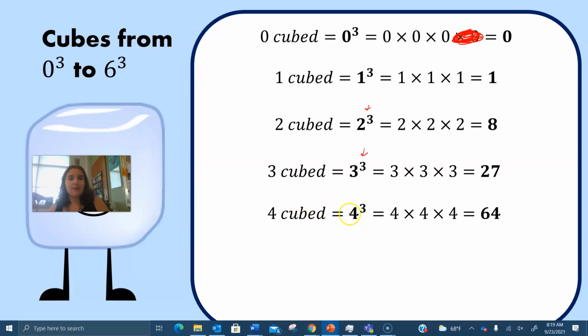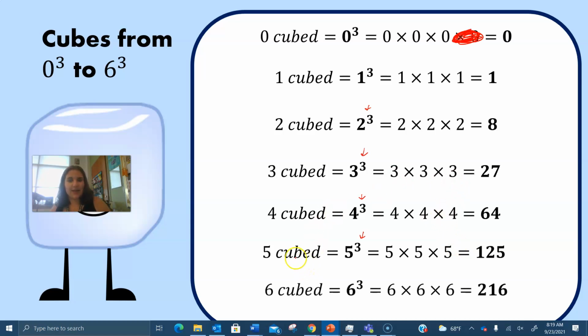4 cubed, 4 with an exponent of 3, is 4 times 4 times 4, which equals 64. And 5 cubed, 5 times 5 times 5, equals 125. And 6 cubed, 6 times 6 times 6, equals 216.